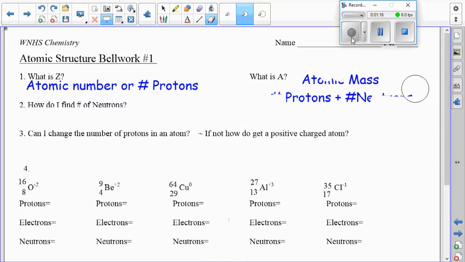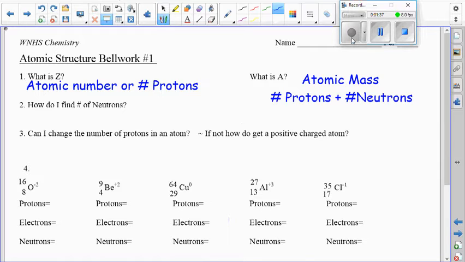The A is the atomic mass, okay? Now, if I'm looking at these, Z is just protons. A is protons and neutrons. So if I want to find the neutrons by themselves, what can I do? A minus Z, that's right.